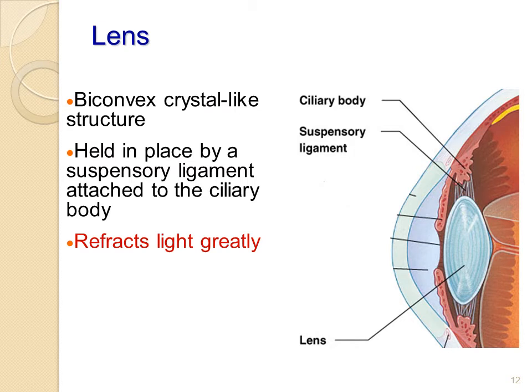Now the lens. The lens is a convex crystal-like structure held in place by a suspensory ligament attached to the ciliary body, and it is responsible for refracting light greatly.